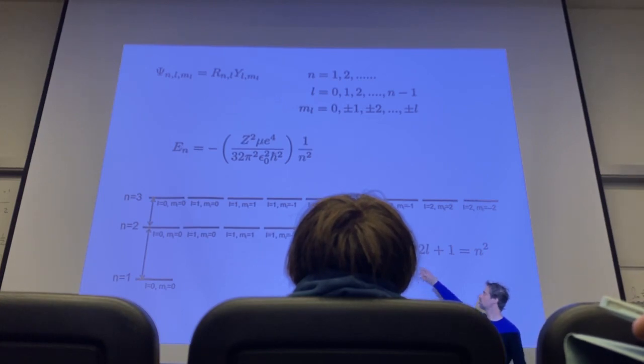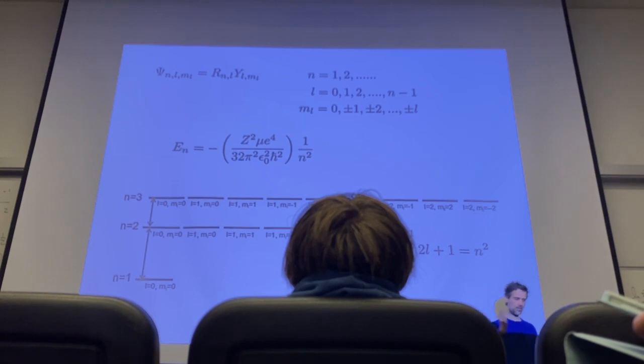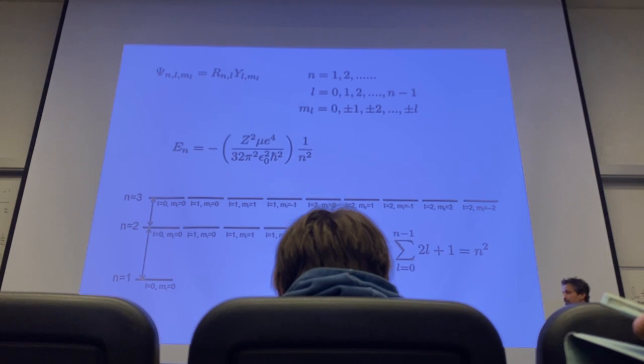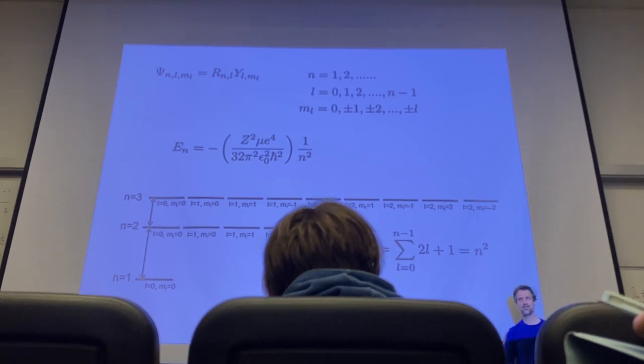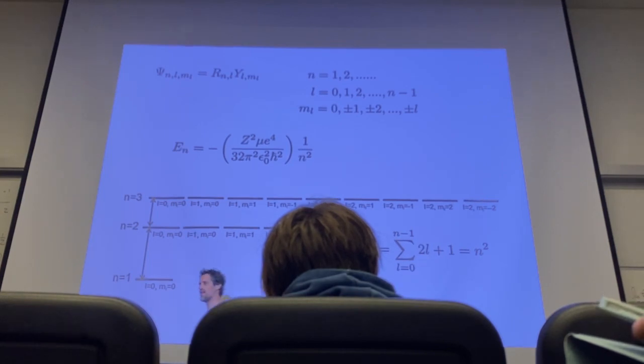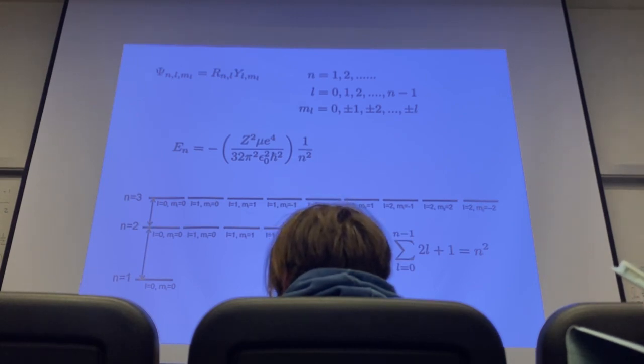And I'm counting how many different L's I have. So I'm adding up the number of L's, and for each L I have 2L plus 1, which is the number of ml states. And if you add them all up, you get n squared. Kind of cool? That's true, because 2 squared is 4 and 3 squared is 9. So that adds up, and therefore that is a very useful formula to keep in mind. The number of individual eigenstates having the same principal quantum number is n squared.